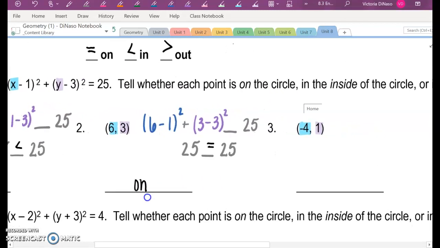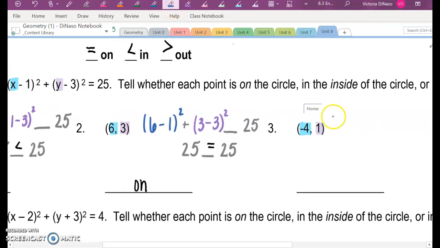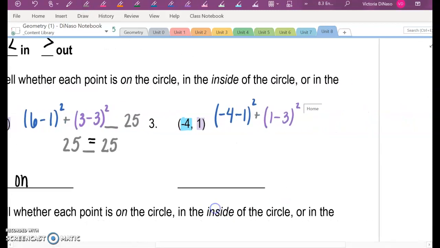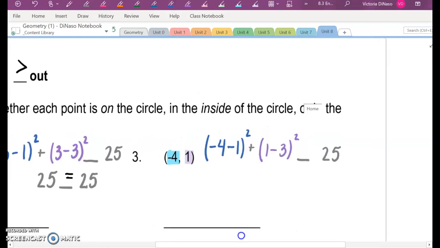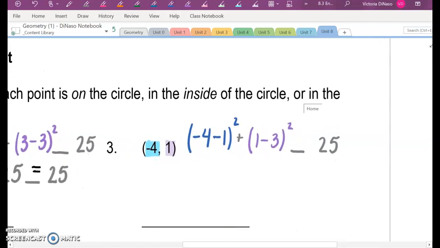And then finally, we've got this number 3. So we're just going to be plugging in the negative 4 into x. So we have got negative 4 minus 1 squared plus 1 minus 3 squared. And then we have to figure out blank 25. So you should be typing in that whole thing on the left side in your calculator at the exact same time.